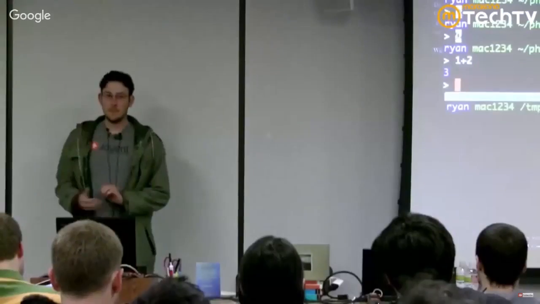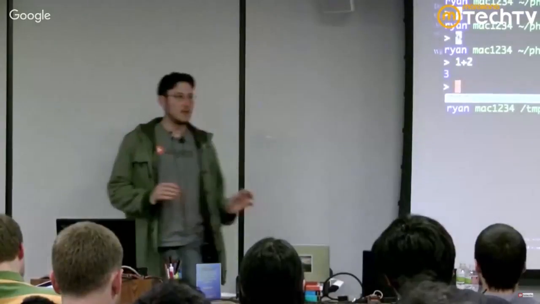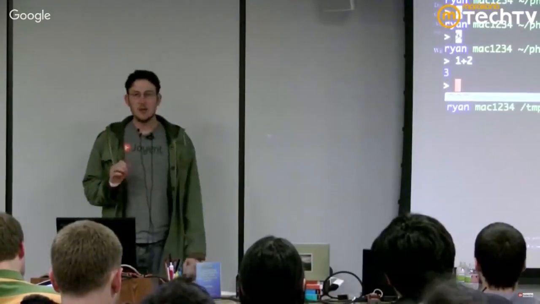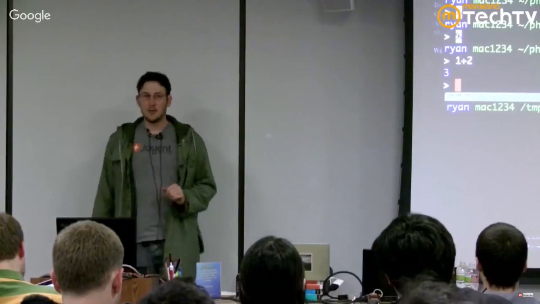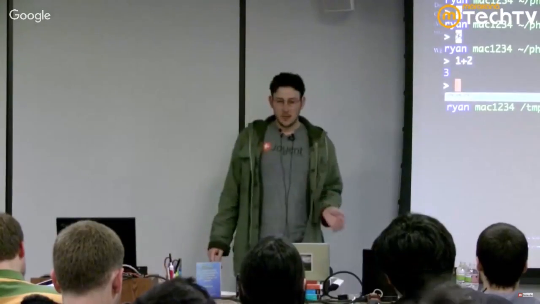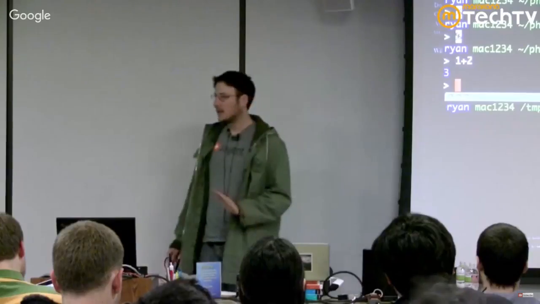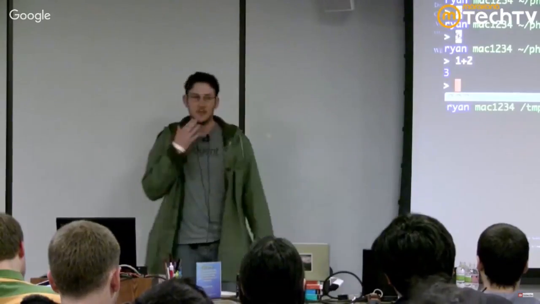Node is a set of libraries on top of V8, okay, that uses its greatness to do networking things. And the emphasis is on networking. It's somehow a general purpose thing, but the focus is on doing networking correctly. And so it does it in a slightly weird way that I hope to demonstrate with a couple of examples.